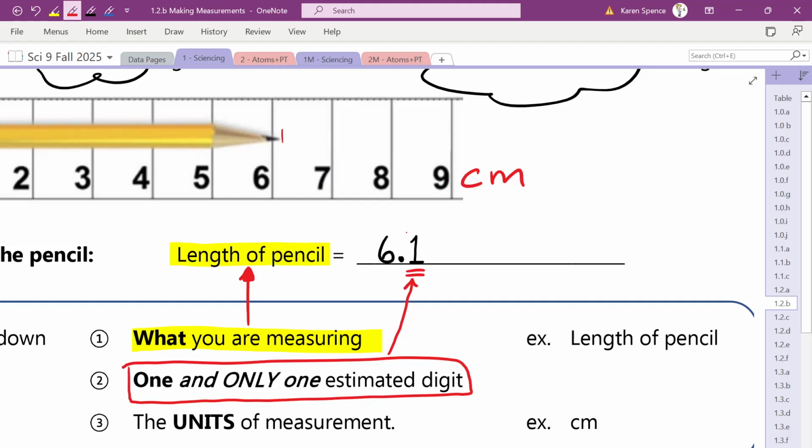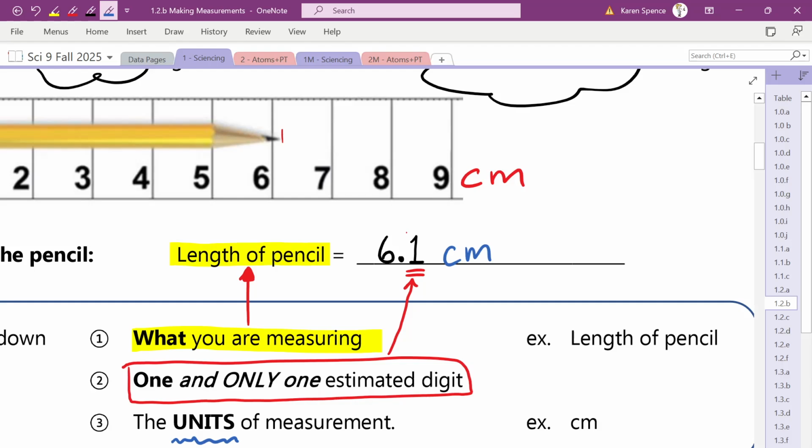And then the third thing you need is units. What unit should we put here? We should put centimeters because that's what this ruler says. Now, if I've been clever, I will always remember to put units on any picture of a measuring device.